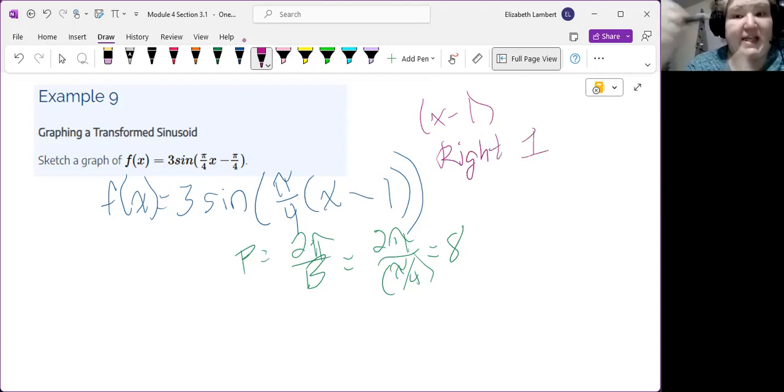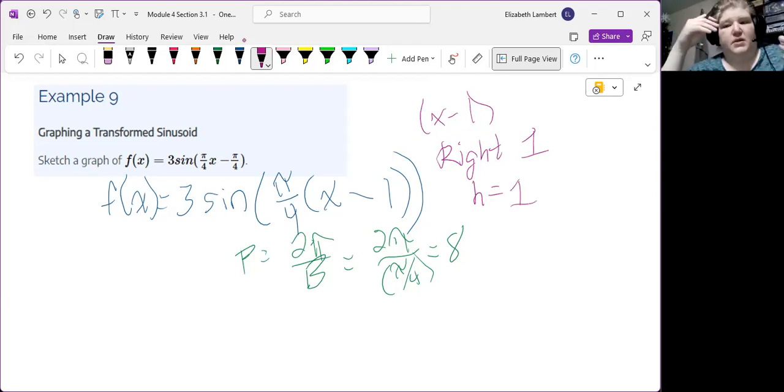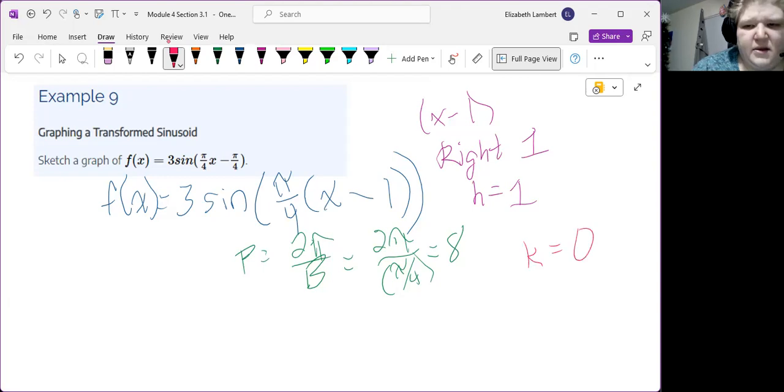If we were going to say what the h value is, though, the h value is technically a positive 1. Like the minus sign is considered part of the formula, kind of. It's weird. Even though I think I put the plus in my formula. If you guys lose points on that, let me know. I can go back and give you points on it. I grade the tests, but I'm saying on anything else. All right, our k is 0. There's no vertical shift, but our amplitude is 3.